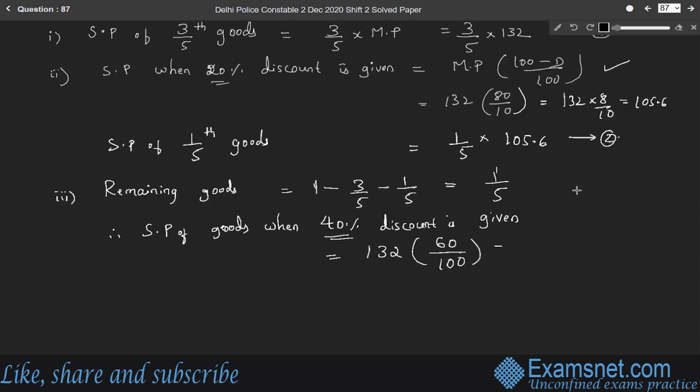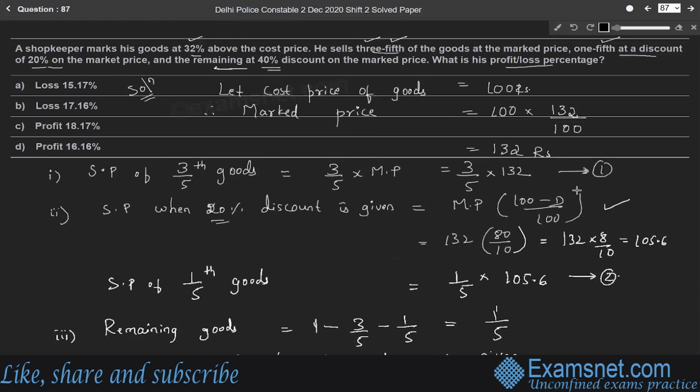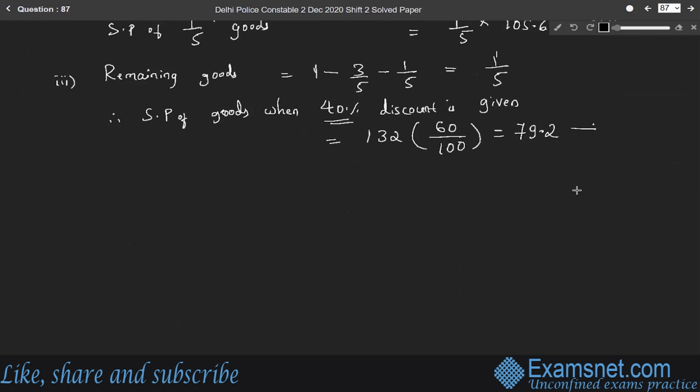Which gives 79.2 rupees. Selling price of goods when 40% discount is given is 79.2 rupees. In the question, the remaining means 1/5 of the goods at 40% discount. Therefore, selling price of 1/5 goods is equal to 1 by 5 into 79.2. Consider this as equation 3.